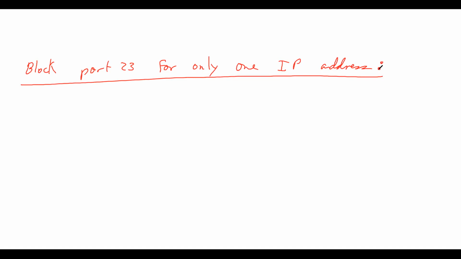So in this case, again, you would list. I'm not going to repeat that, but you would list. And now you can do iptables -I. Again, in this case, let's think of the network. Block the port for only one IP address.